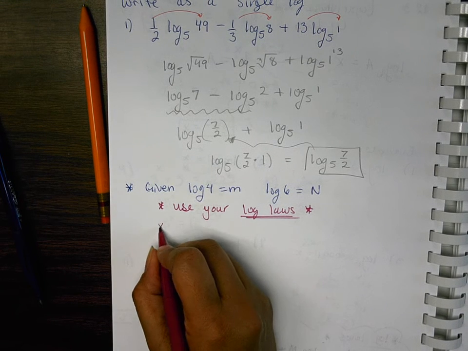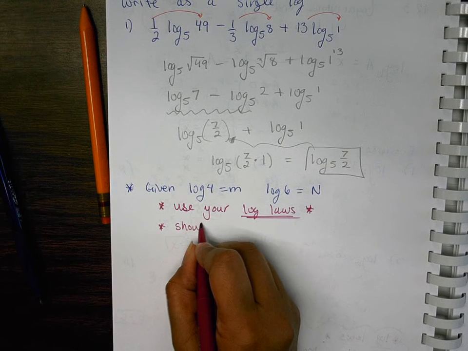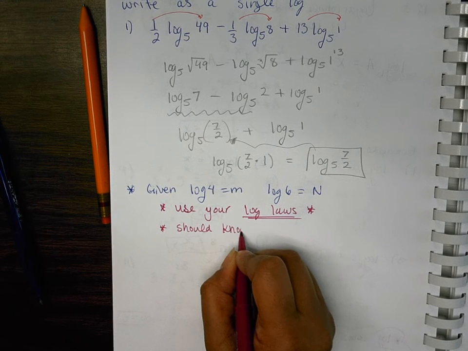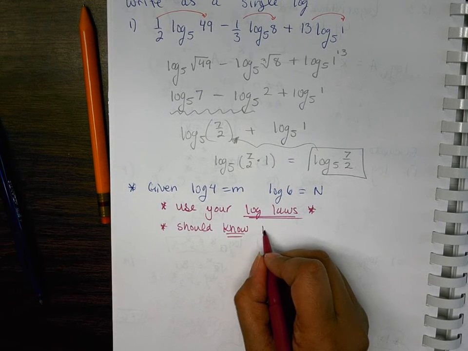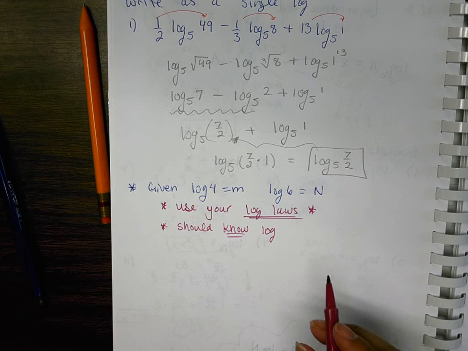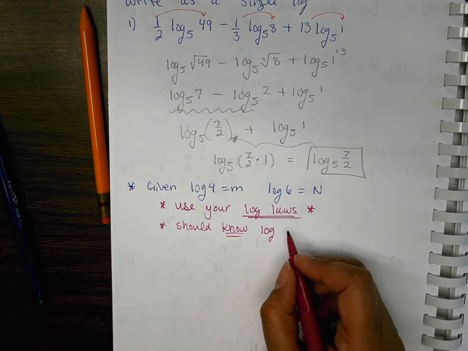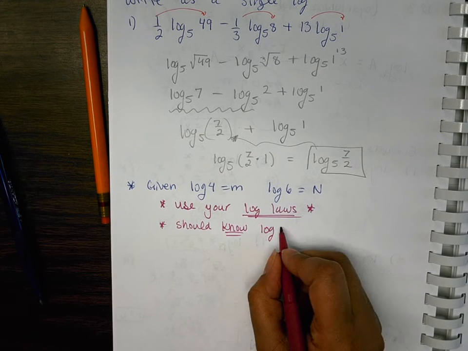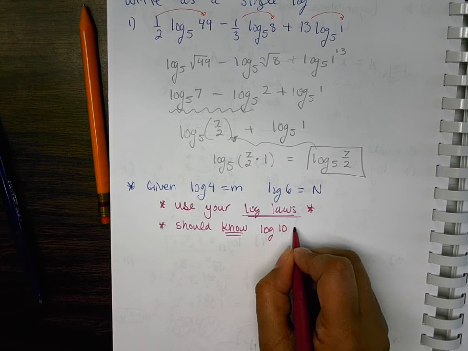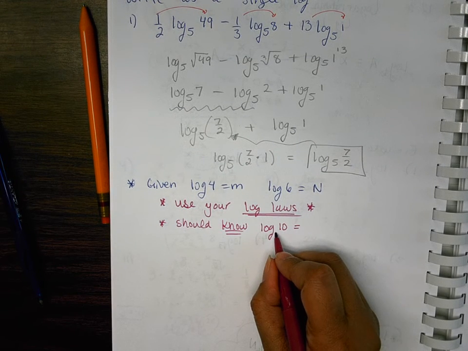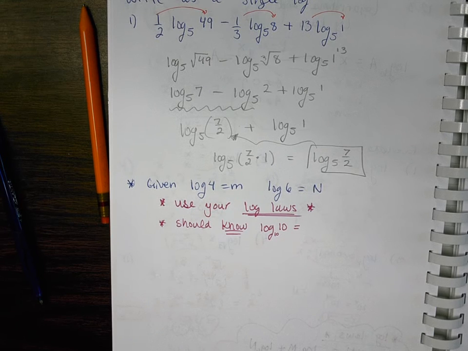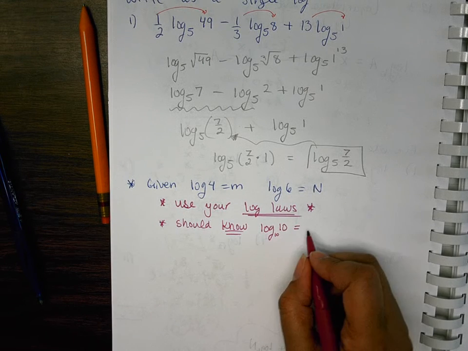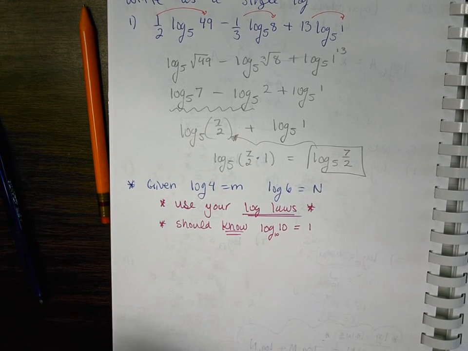And second one, you should know log of 10. What's the base here that we don't see? So it's a base of 10. So log of 10 equals what? If the base is 10, 10 to what power is 10? 1.